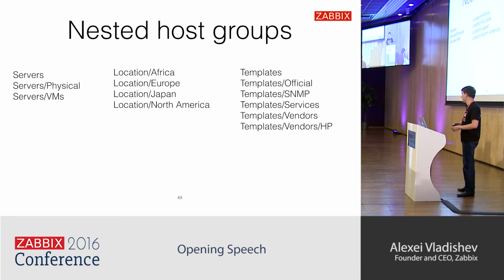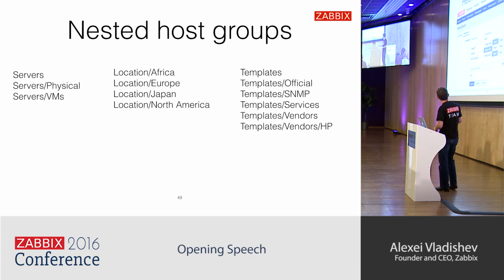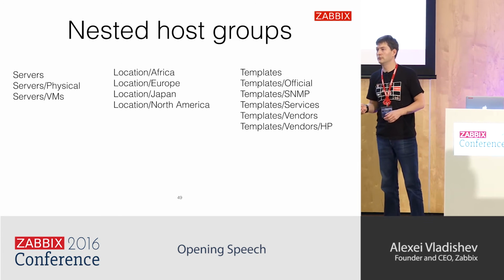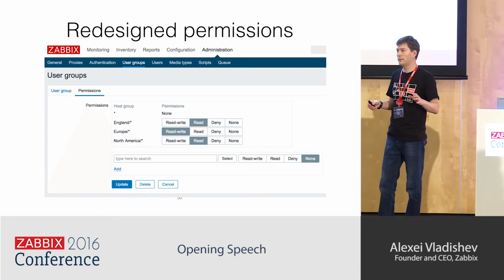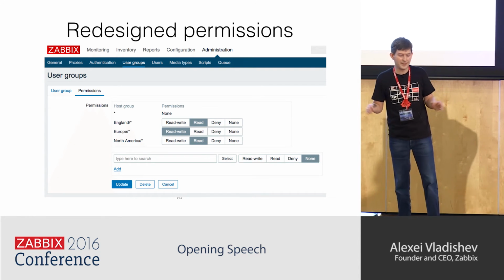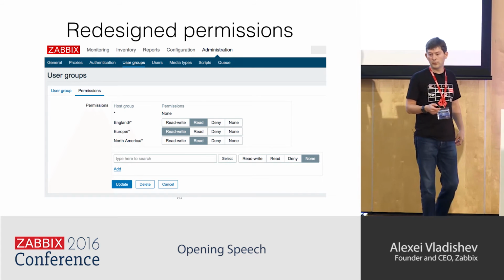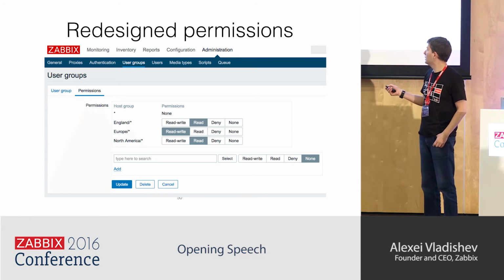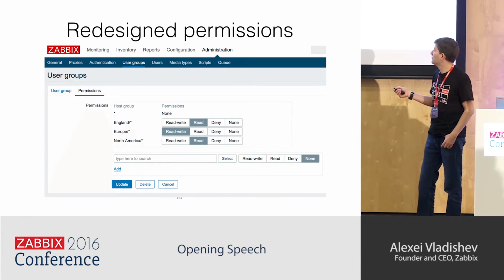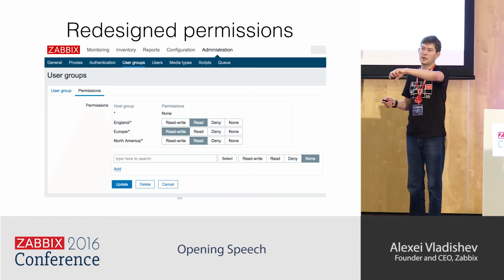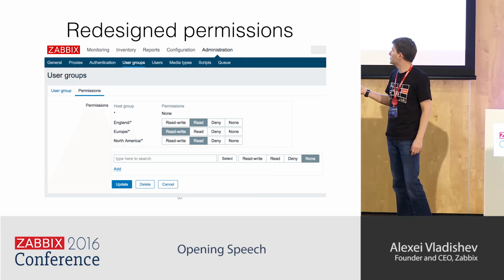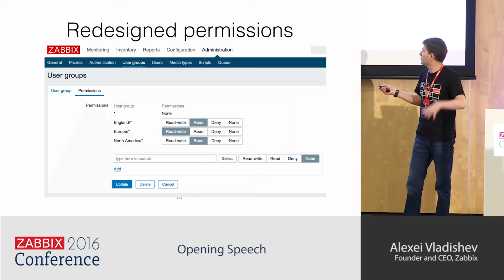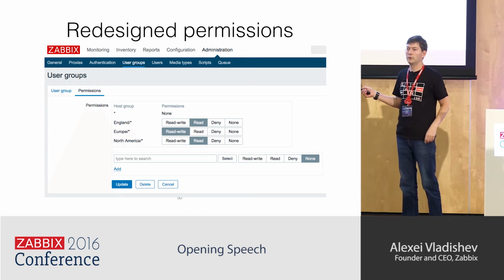Since we support nested host groups now, we redesigned permissions a little bit. So there is nothing new. If you upgrade from a previous version to Zabbix 3.2, everything will work exactly the same way. But what you can do now, you may set up permissions for a group, including the subgroups. Like Europe/star, it means this particular group and all subgroups.